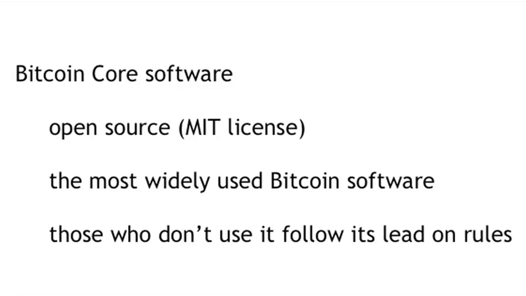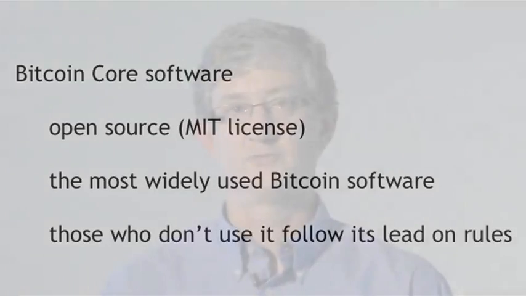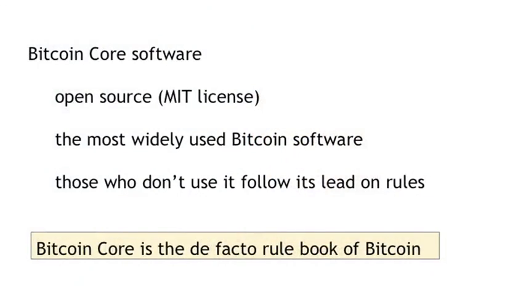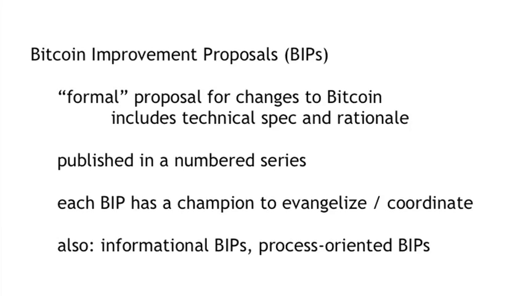That is, they look at the parts that check which transactions are valid, they look at the parts that check which blocks are valid, and they try to behave in the same way as the core software. So this is the focal point for talking about what the rules are. In fact, the Bitcoin Core defines the de facto rulebook of Bitcoin. If you want to know what's valid in Bitcoin, if you want to know what the rules are, this is the place to look. This or explanations of it.